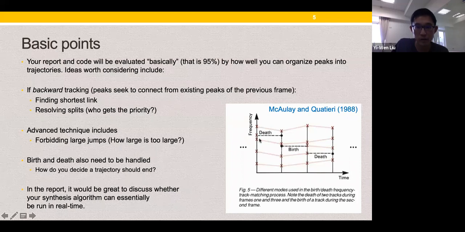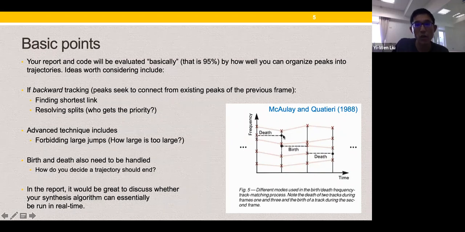But after we do that for every new peak in the current frame, we find that this peak in the previous frame has to die because none of the peaks chooses it to connect. So you cannot continue.